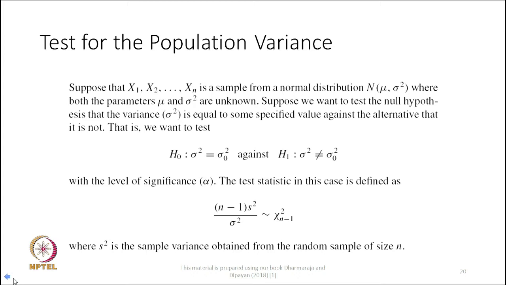Therefore, the degrees of freedom is n minus 1. So n minus 1 times s square by sigma square is chi-square distributed whenever the population follows a normal distribution with mean mu and variance sigma square, which we have already derived earlier in the previous topic.